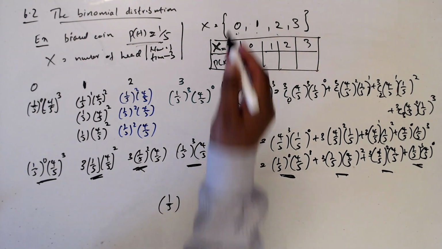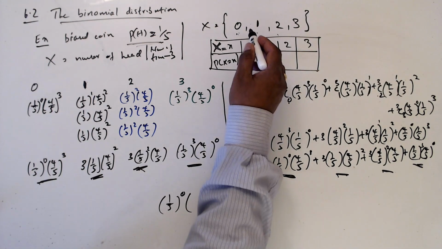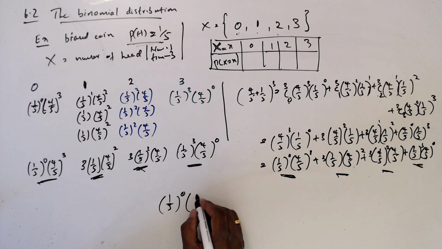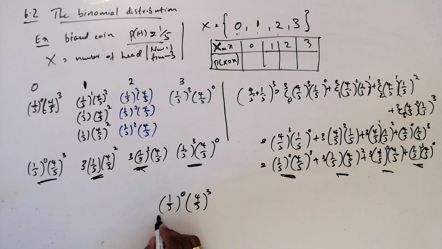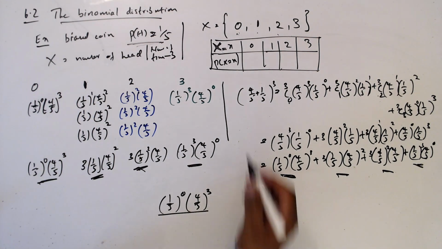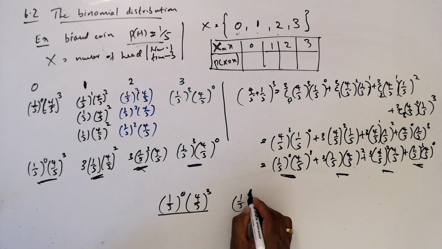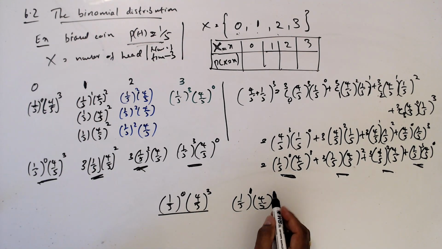So getting no head, (1/5) to the power 0, and then (4/5) cubed. And getting one head, 1/5 is the power 1, then 4/5, where the addition of the powers has to be 3.